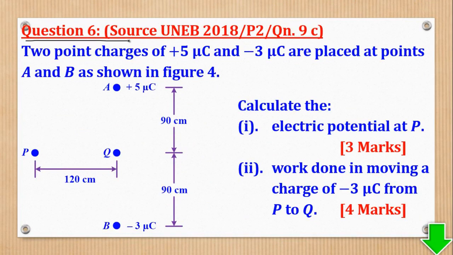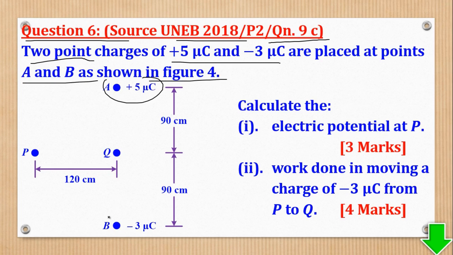Then question 6 came from UNEB 2018, paper 2, question 9c, and says, 2 point charges, this and this, are placed at points A and B as shown in the figure 4. So the charges A and B, there is this charge and this charge.